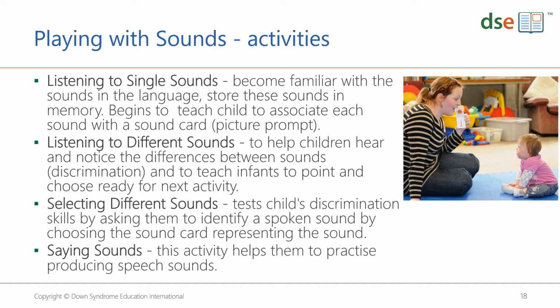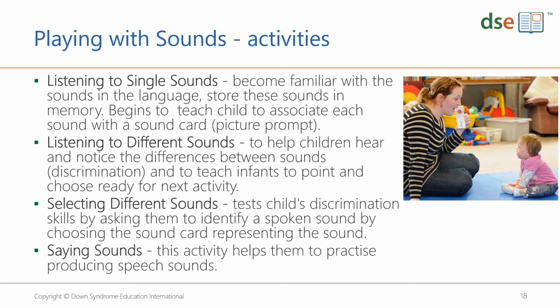But we are giving the opportunity for the very little ones to learn to point and to learn to choose. Because if we're starting with the babies, they may not yet be pointing. They may not yet be able to point to a card or point to the computer screen, ready for activity 3, which is selecting different sounds. I've explained activity 3. You're going to give the child a choice. They have to identify the card that represents the sound.